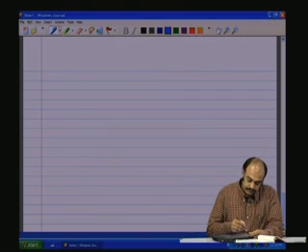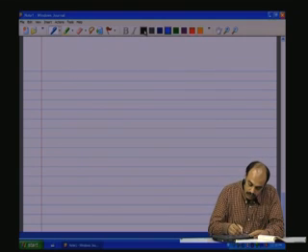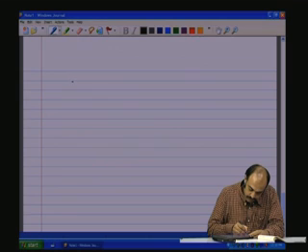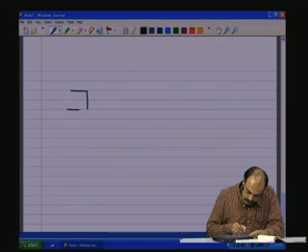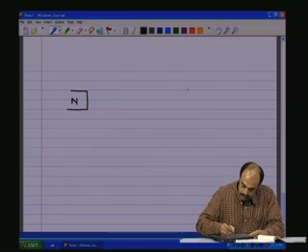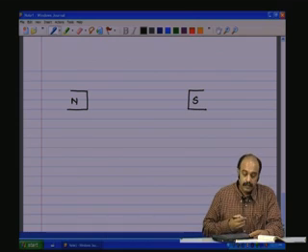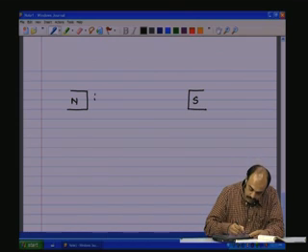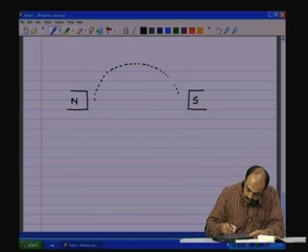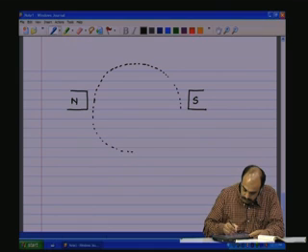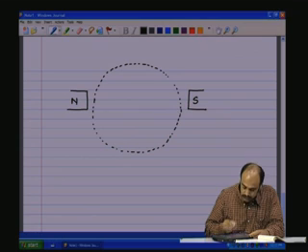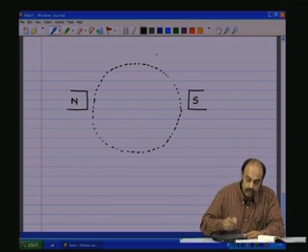So now we start again with the north pole here, and we have a south pole here, and let me also have a circular marking which gives the periphery in which the conductor is going to rotate, is going to move about.